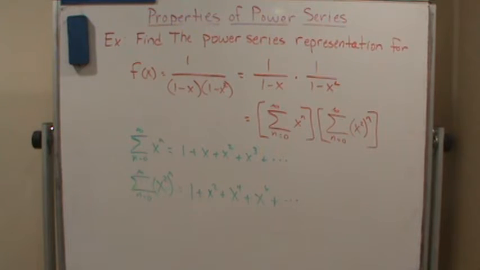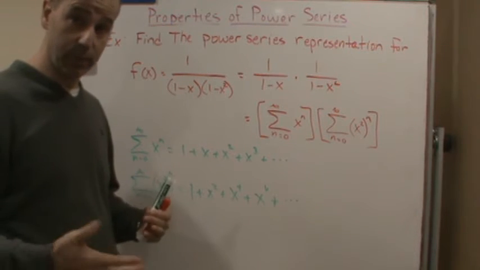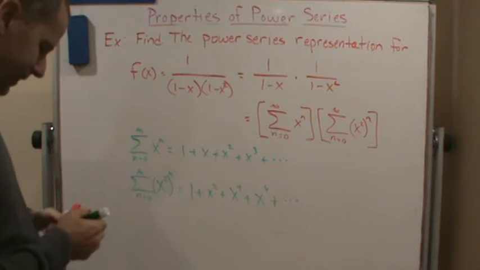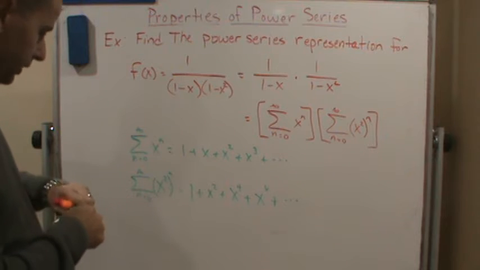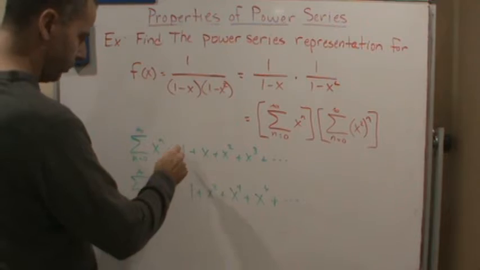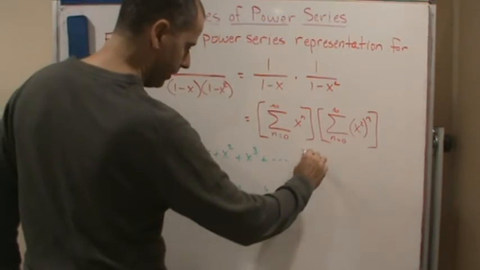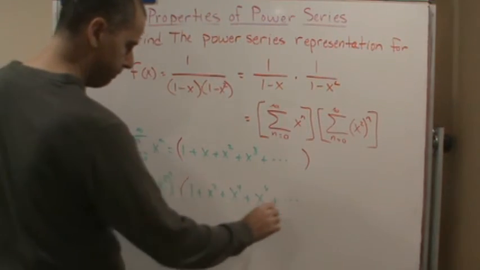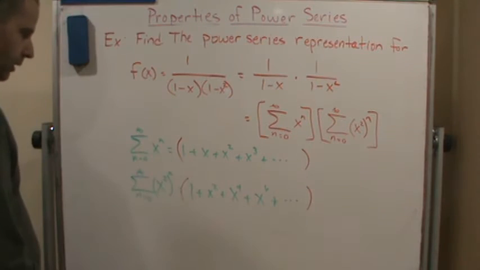Okay, so what we're going to have to do is multiply those together. If we write out the first several terms, what's going to happen? Well, we're going to have to use the distributive property, right? So let's see what this thing is going to look like if we multiply these together. We've got this multiplied by this.